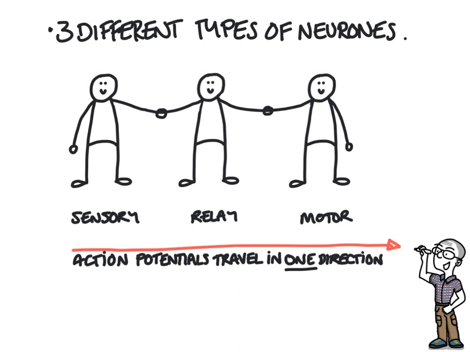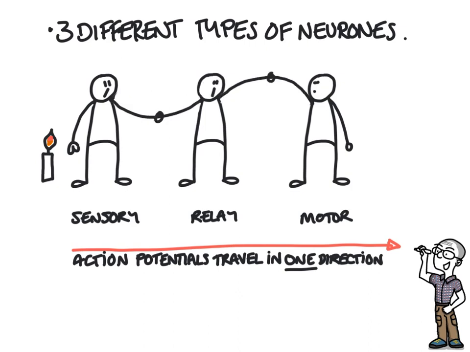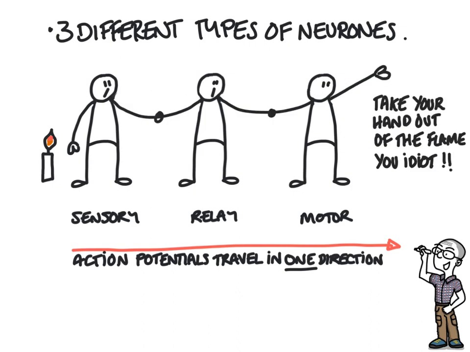Let's imagine nerve cell 1 touches something hot, and this triggers the wave. Nerve cell 2 is going to pass the signal on to nerve cell 3, and there will be some result at the end. So nerve 1 is the sensory nerve. Nerve 2 is the relay. It relays the input between the other two. And nerve 3 is the motor neuron.